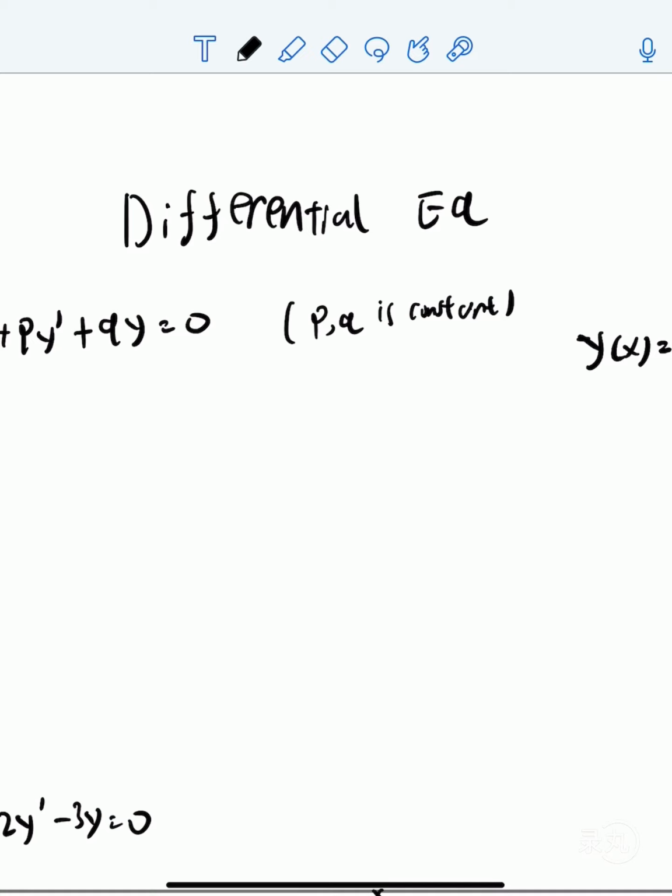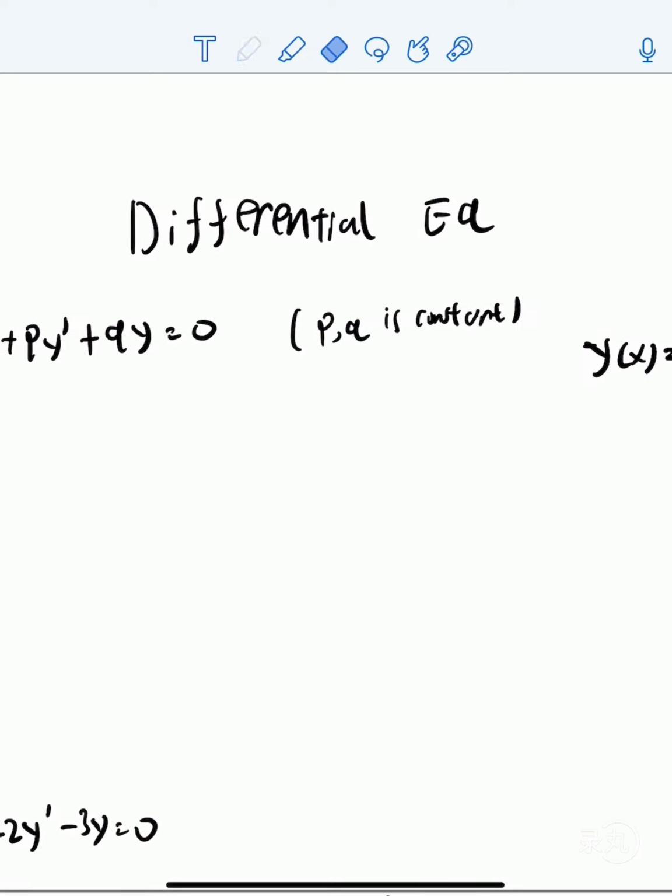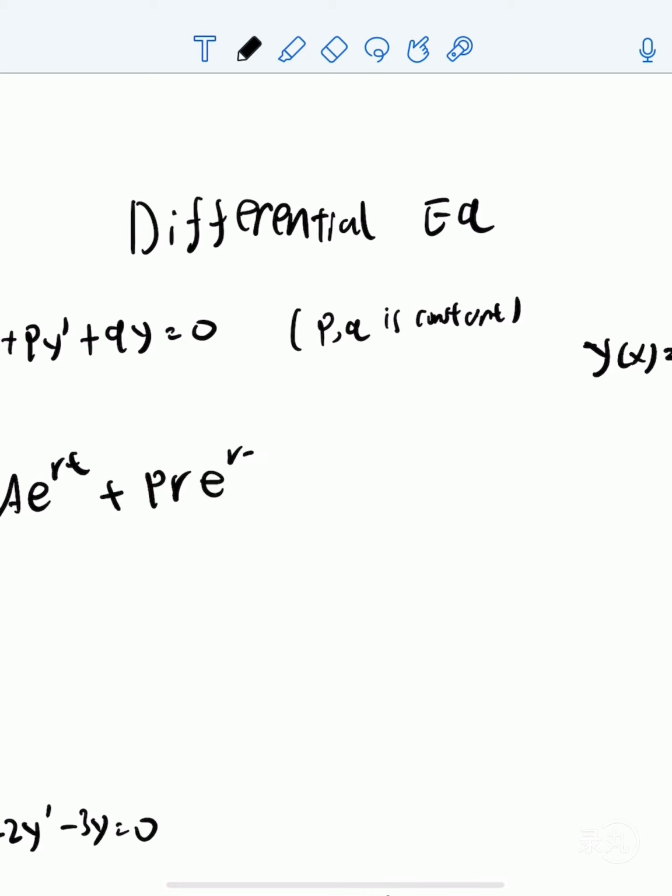Now, for this kind of equation, we guess that the solution has the form a e^(rt), where a is a constant. If we plug in, we can see that it is basically r squared a e^(rt) plus p r e^(rt) a plus q a e^(rt) is equal to 0.